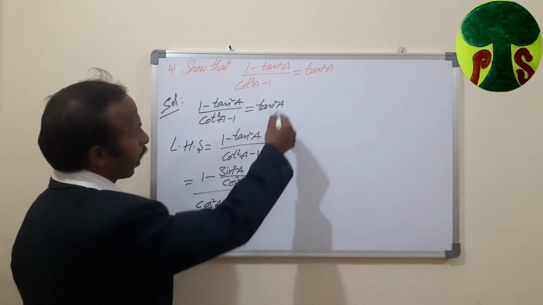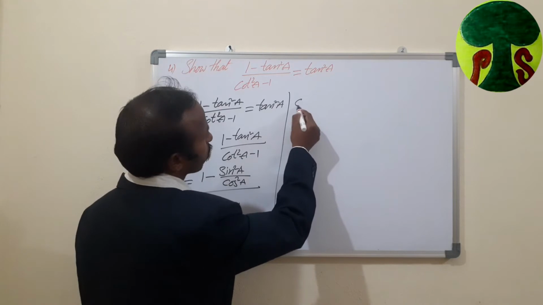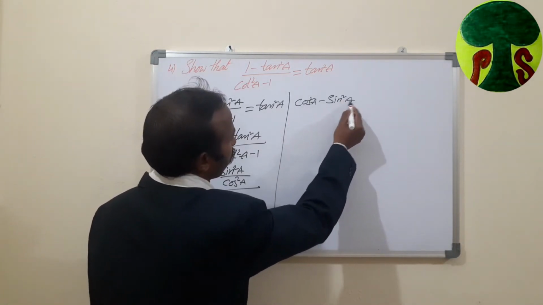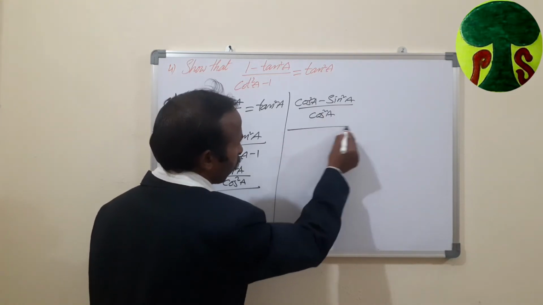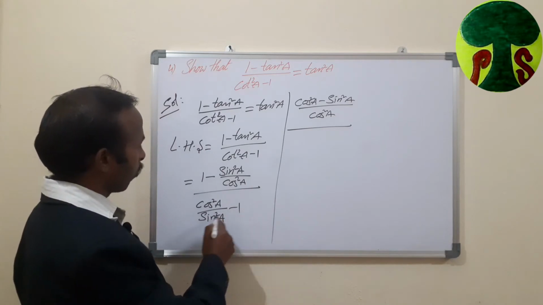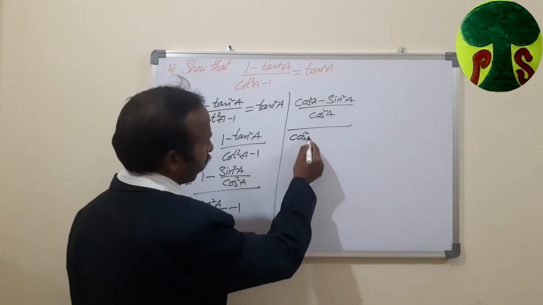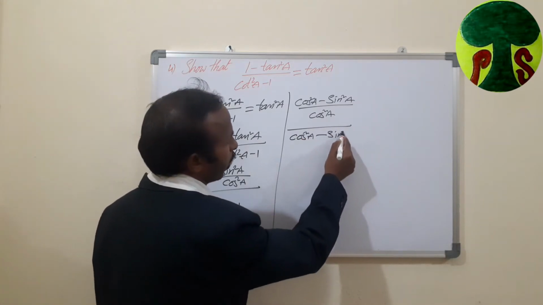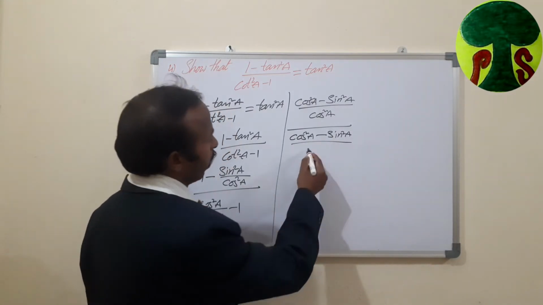Now apply the LCM for the denominator, that is (cos square A minus sin square A) by sin square A.